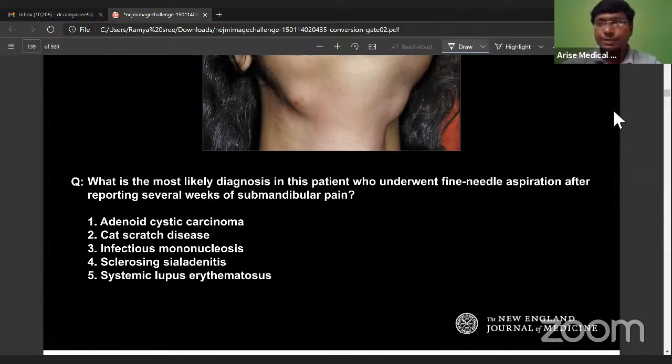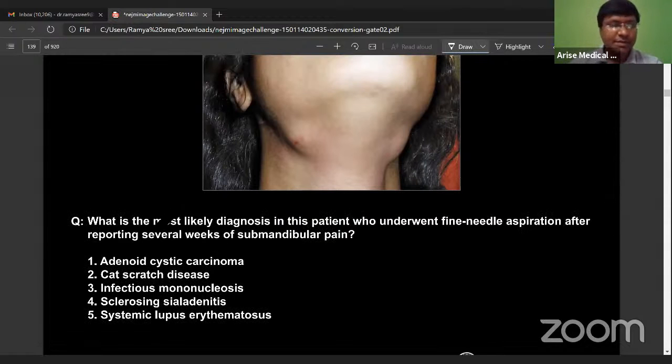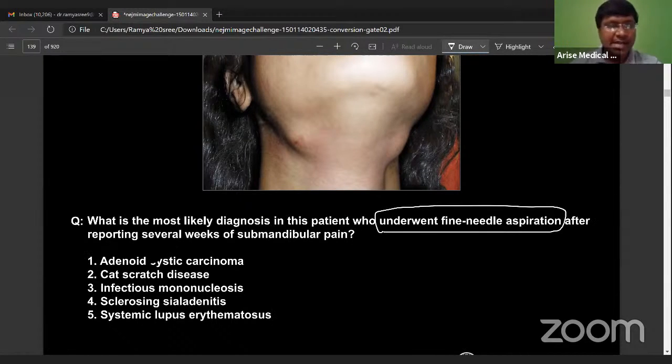Yes, you see this neck swelling. What is the most likely diagnosis in this patient who underwent fine needle aspiration after reporting several weeks of submandibular pain? See, the history is very important.